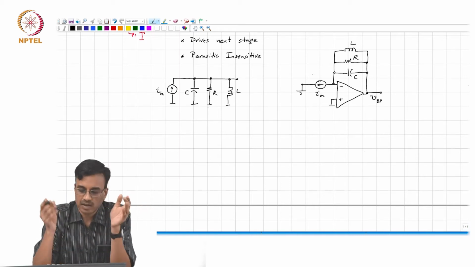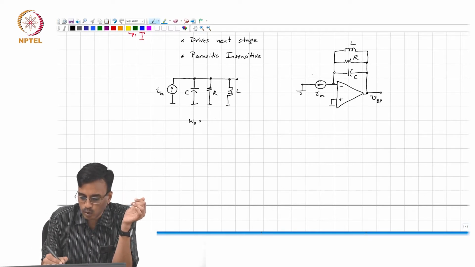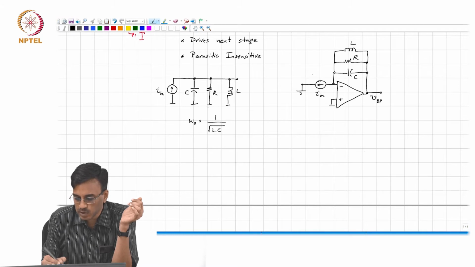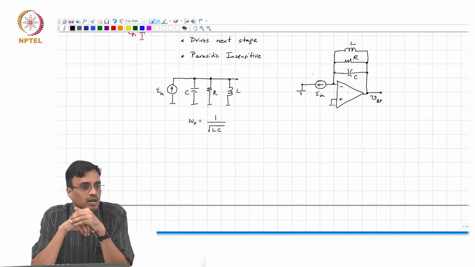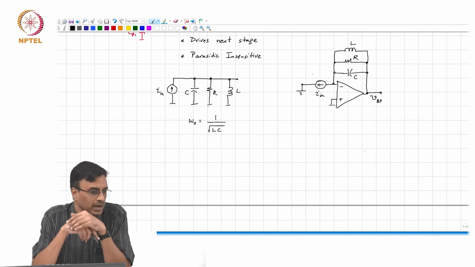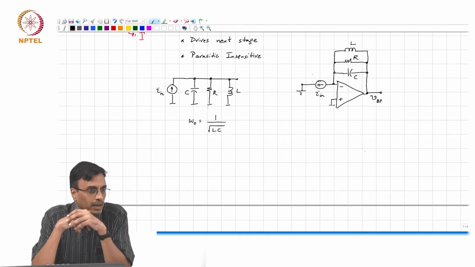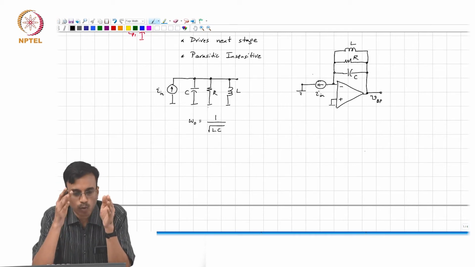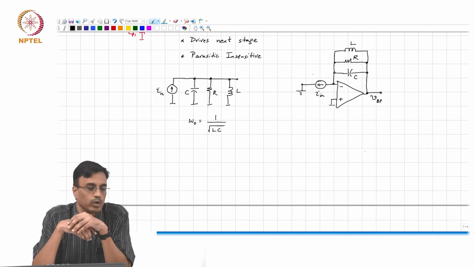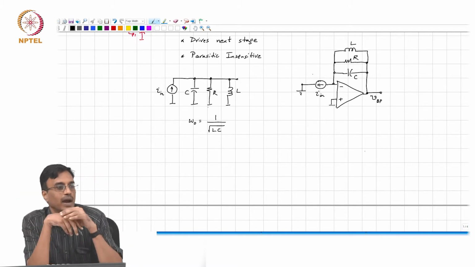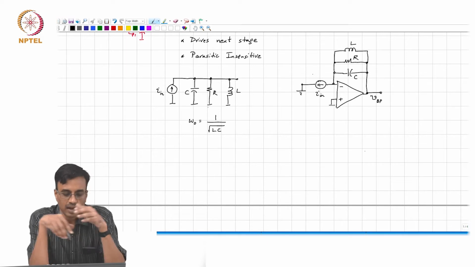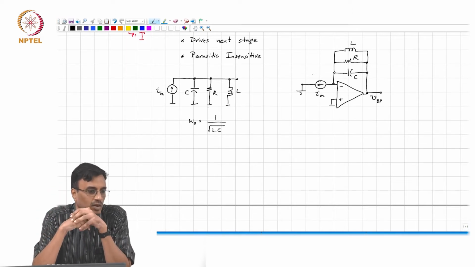Because remember that the resonant frequency of this LC network is 1 over square root of LC radians per second, and therefore if you want a low frequency pole pair, which is what you would need if you had a low pass filter with a low cutoff frequency, for example, you wanted to filter voice before it went into an A to D converter, and you would need bandwidths in the kilohertz range, the L and the C values, either one or both, would become so large as to be completely impractical.